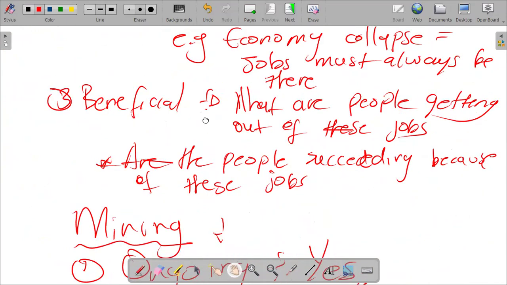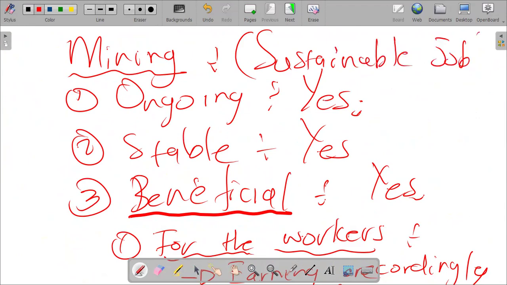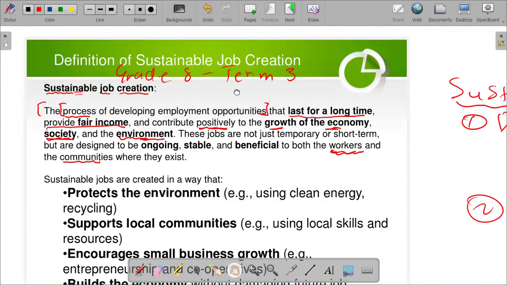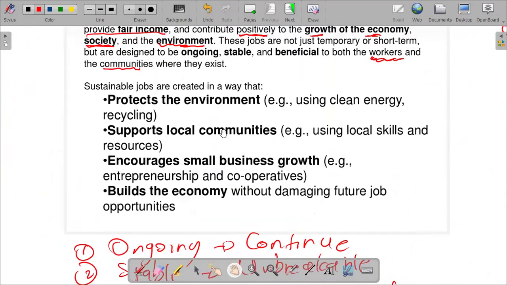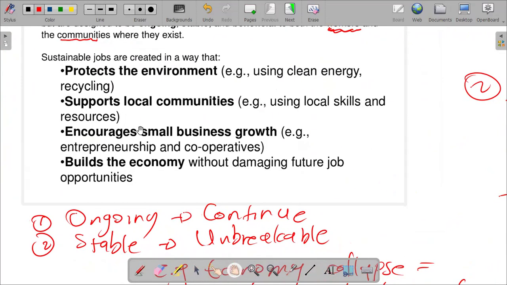So if the government were to create employment within the mining industry, we would say this is a sustainable job, looking at our definition of what sustainable job creation is. So as we move along, looking at the characteristics now of what a sustainable job is or how they are created. All right.